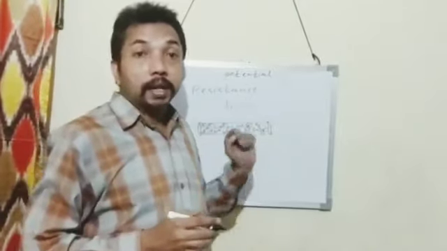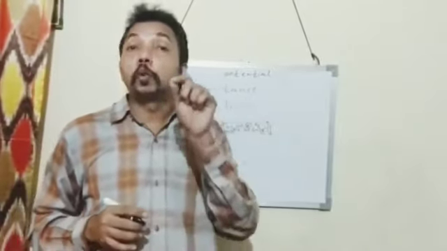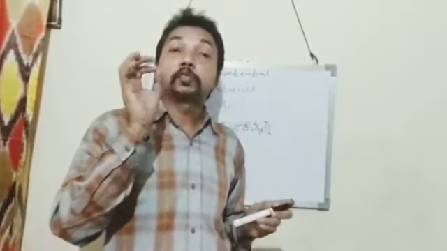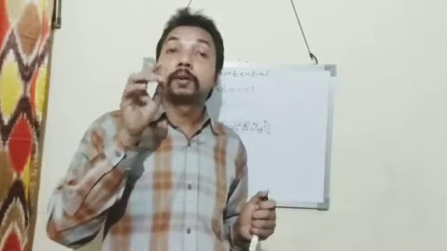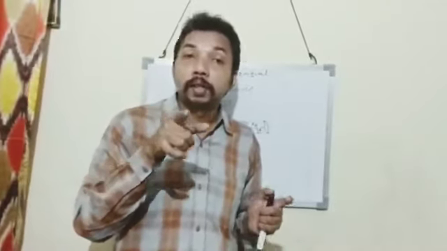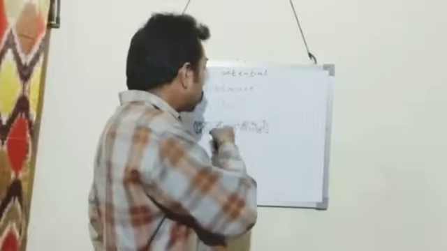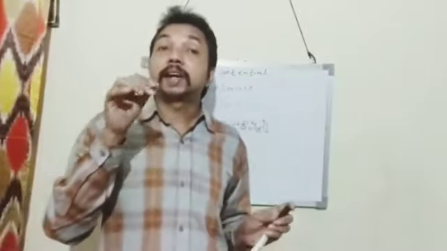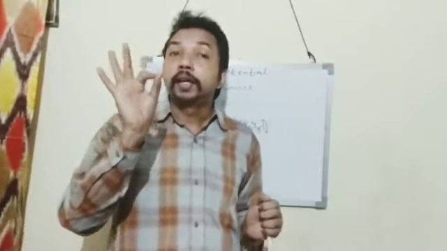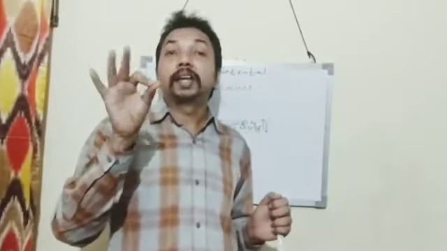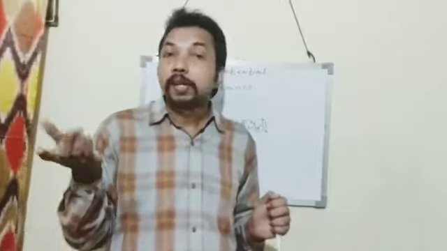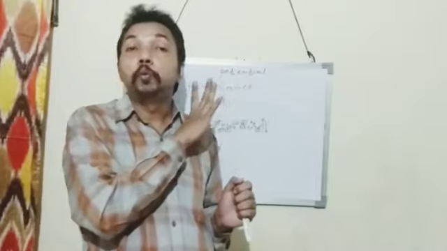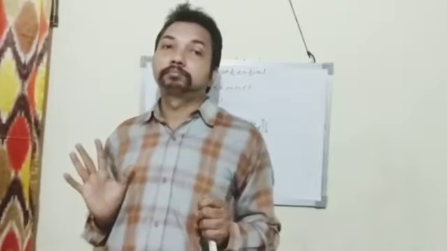When this conductor is connected to a source of current, like a battery or any source, the electrons from the source will start moving through the conductor.